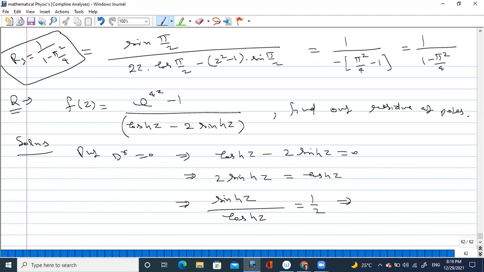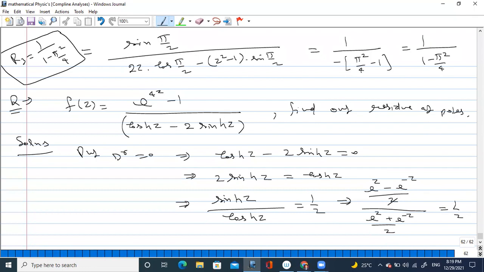Or you can write the value of sin hyperbolic z as e to the power z minus e to the power minus z divided by 2, divided by cos hyperbolic z, which is e to the power z plus e to the power minus z divided by 2, equal to 1 by 2.